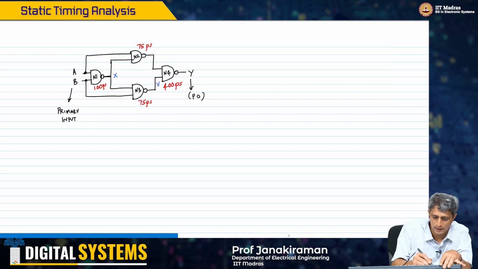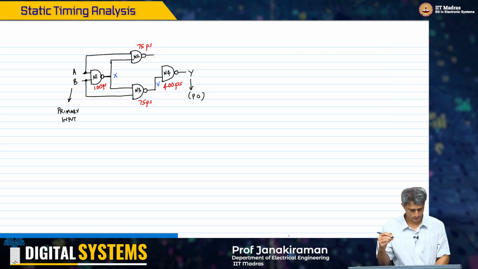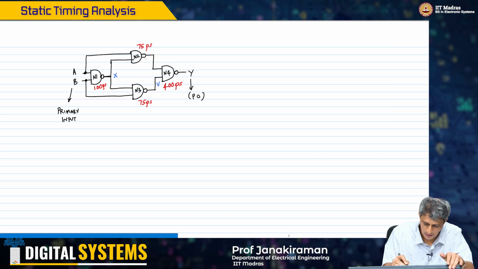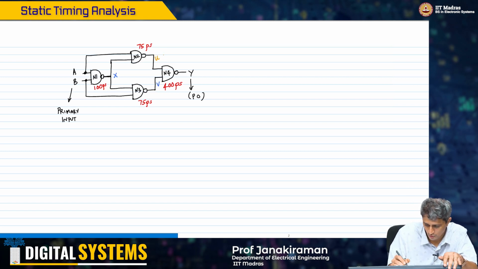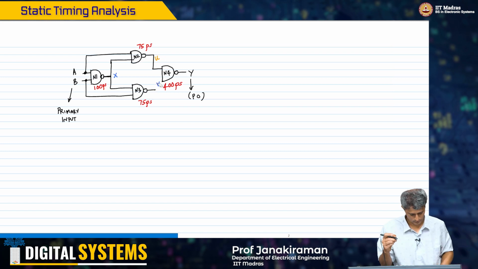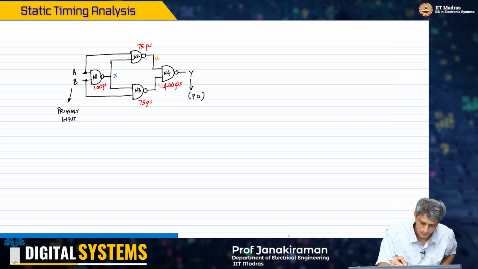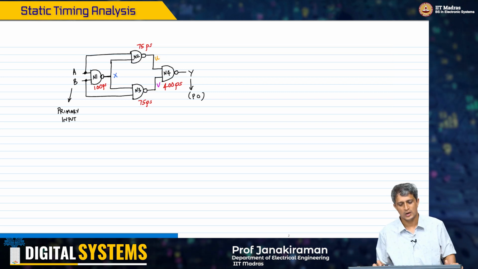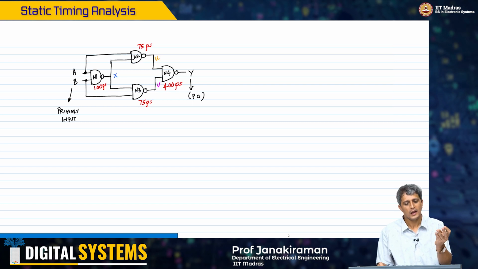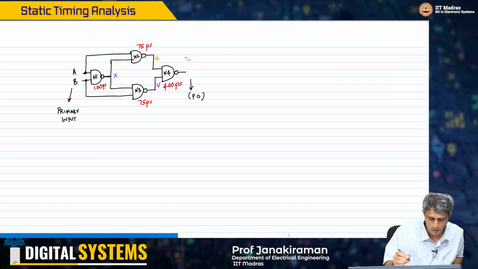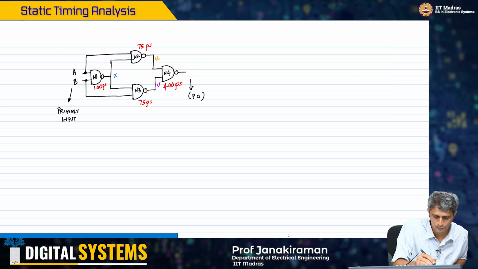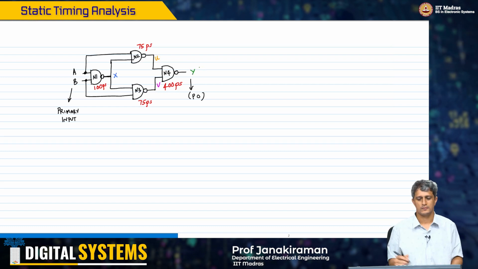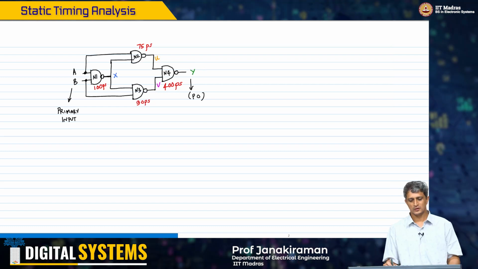I'll also write them in different colors. So I have A, B, X, U, V and Y, and I will plot Y in green.